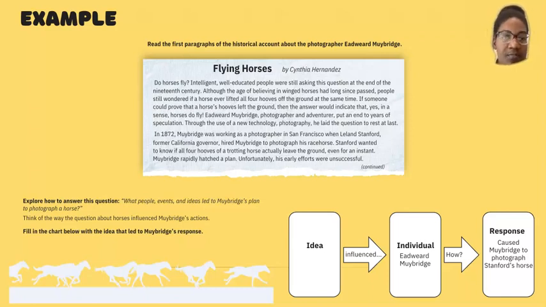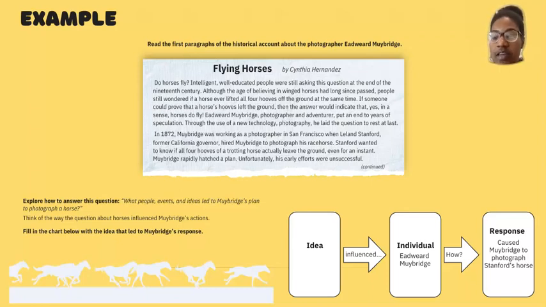Now, let's explore the question. What people, events, and ideas led to Muybridge's plan to photograph a horse? Think of the way the question about horses influenced Muybridge's actions. And we're going to fill in the chart below with the idea that led to his response.